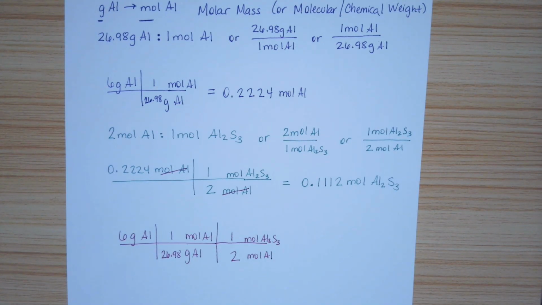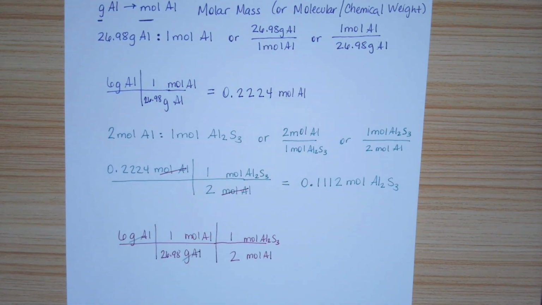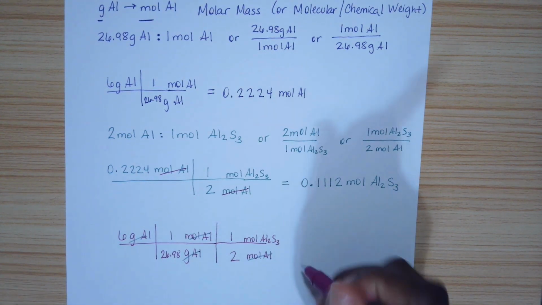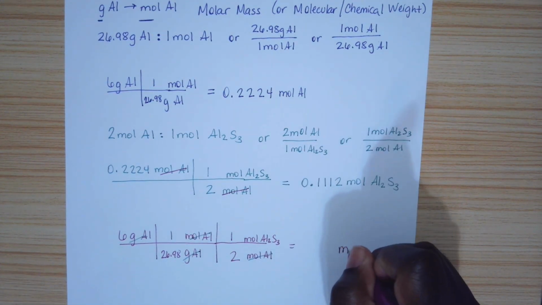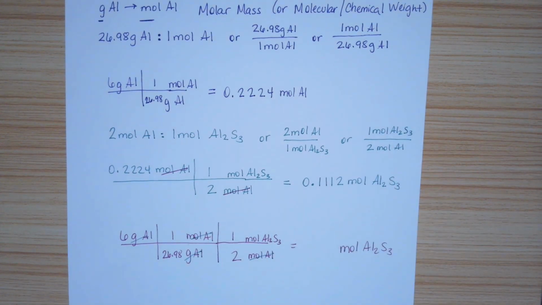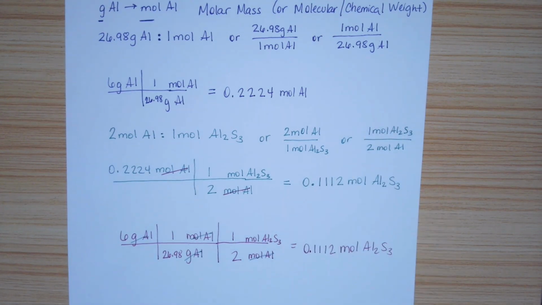From there, you can look at how the units cancel. So we can get rid of grams of aluminum. We can get rid of moles of aluminum. What you would be left with is simply moles of your product. You can do the calculation. 6 times 1 times 1 is still 6, divided by the product of 26.98 times 2, and you'll still get the same answer, 0.1112 moles.